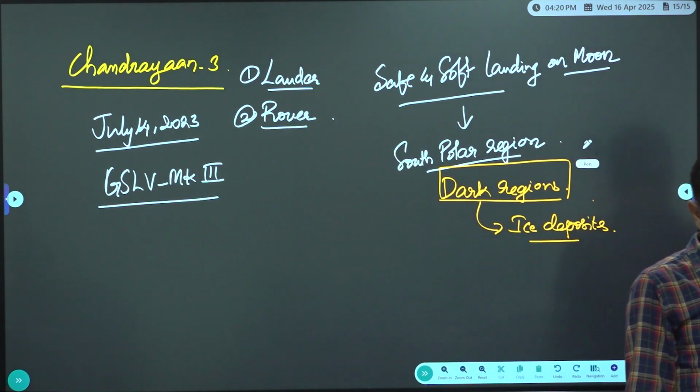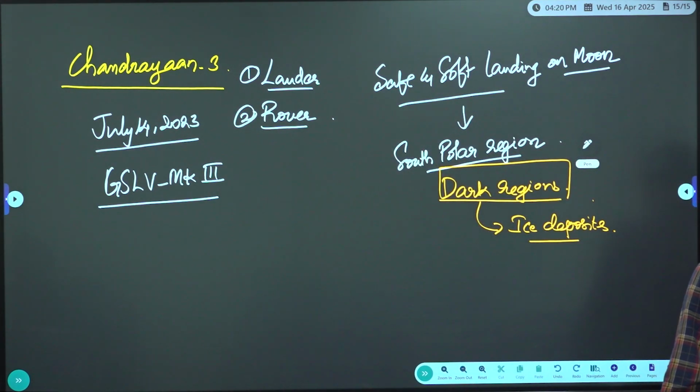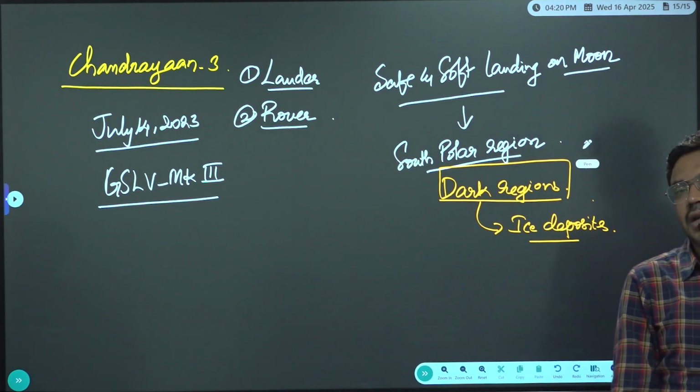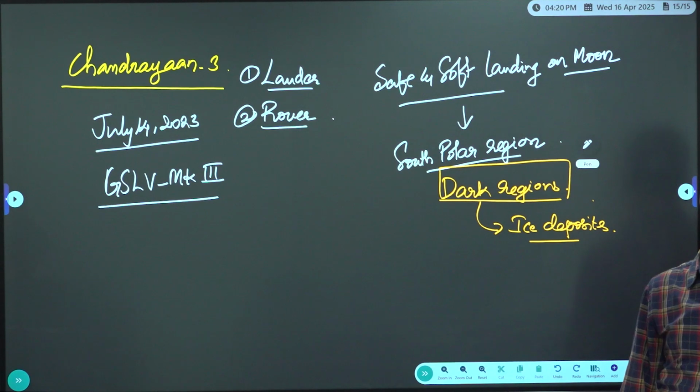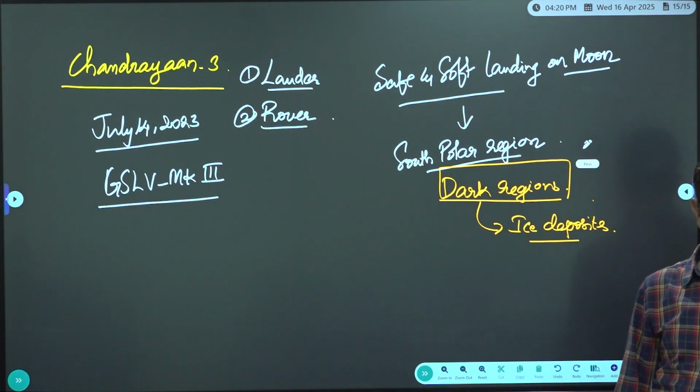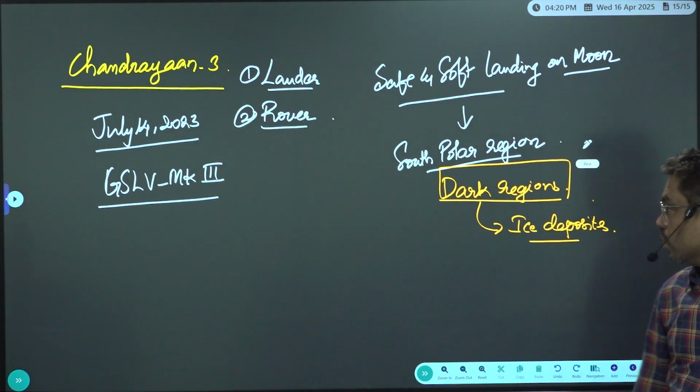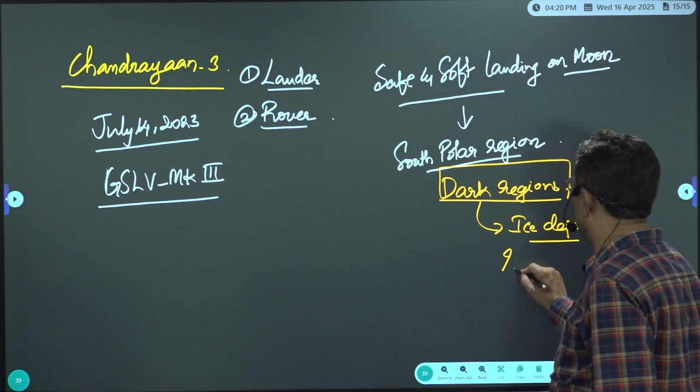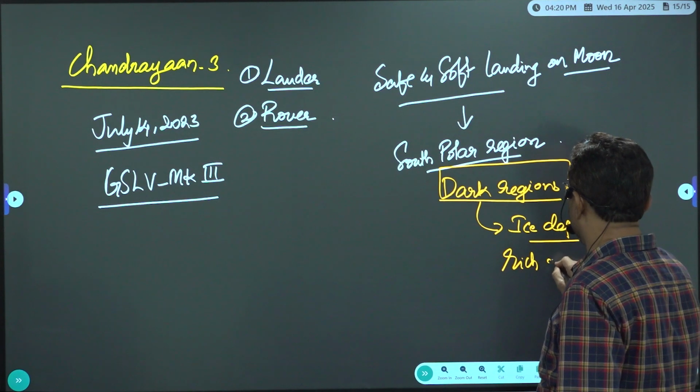India wants to look at the dark regions of the moon. That is the South Polar region, the dark moon, because it has dark regions, more ice deposits, and rich mineral deposits.